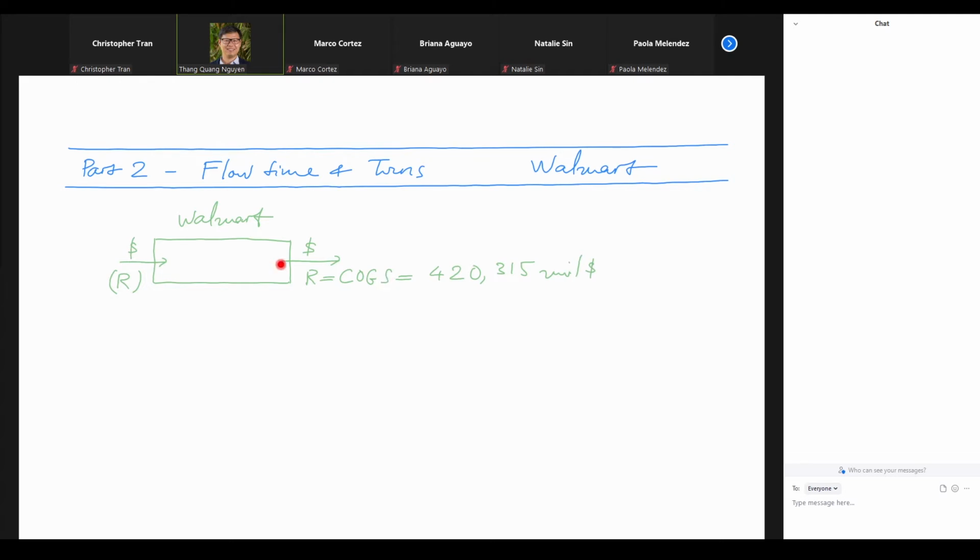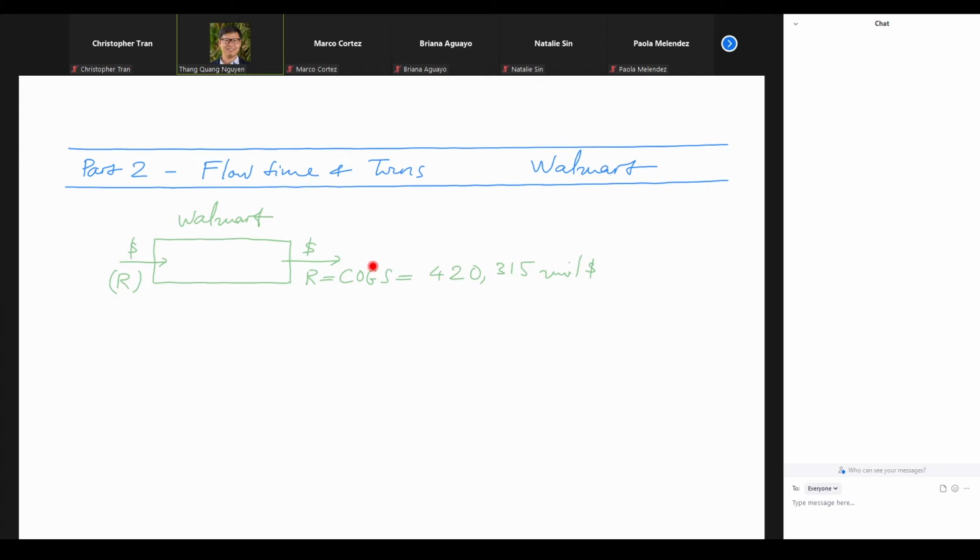But of course, remember, when we get the item sold, beside the cost, we also have the profit on top of it, right? But for the sake of our calculation here, we will not consider the profit as part of the flow rate. Okay, the flow rate is how many dollars going in, and at the end they come back to Walmart, right? And then later on they can reinvest it to make another turn.